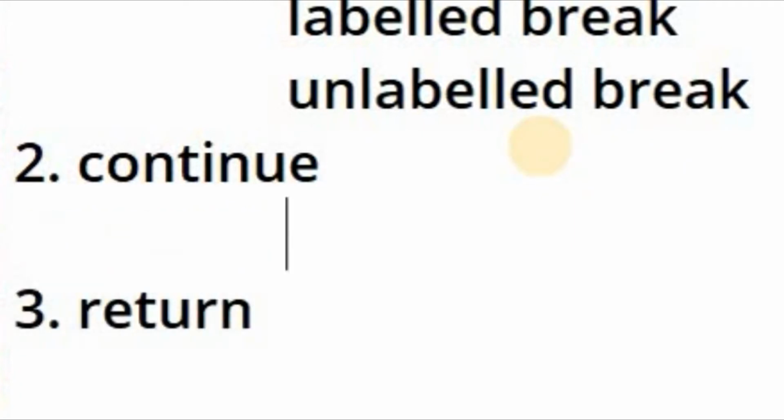Even continue is the same way, labeled and unlabeled. And the return, as you know, to return to the previous function, we will use the return statement. Now we will see examples of how we can use the break, continue and return statements.